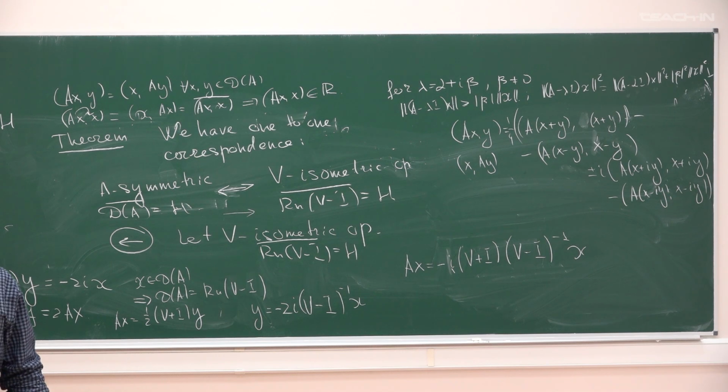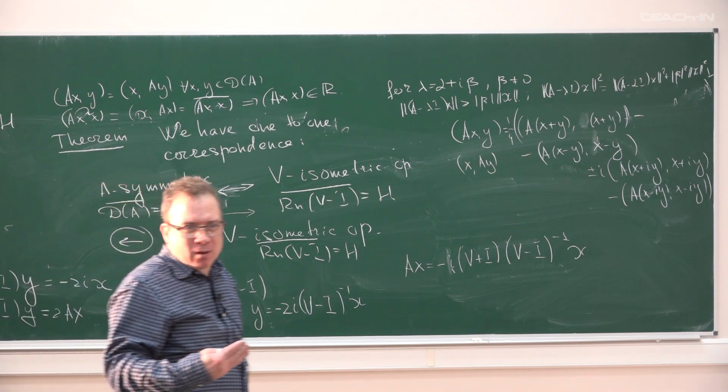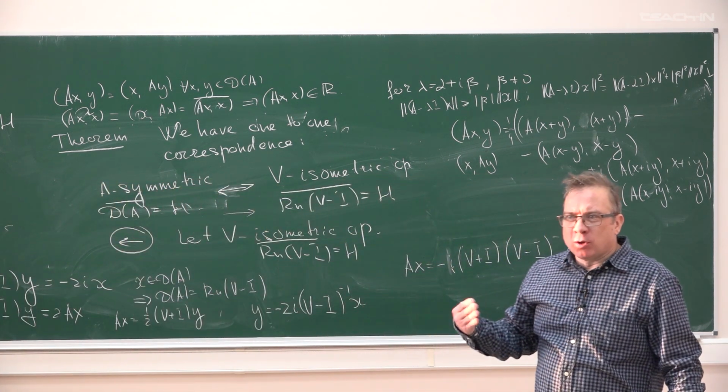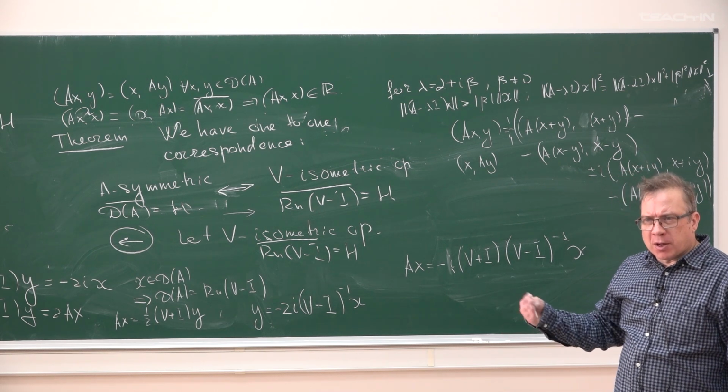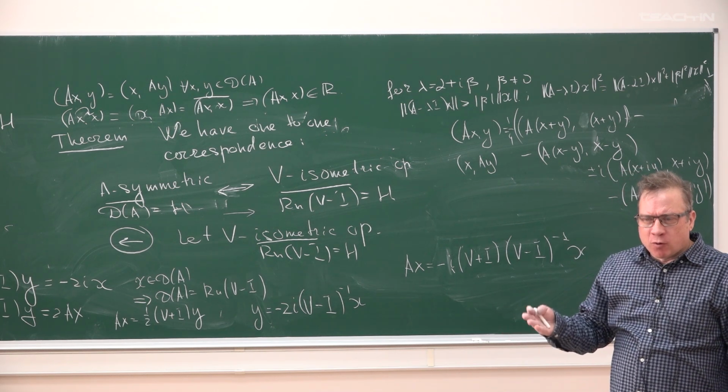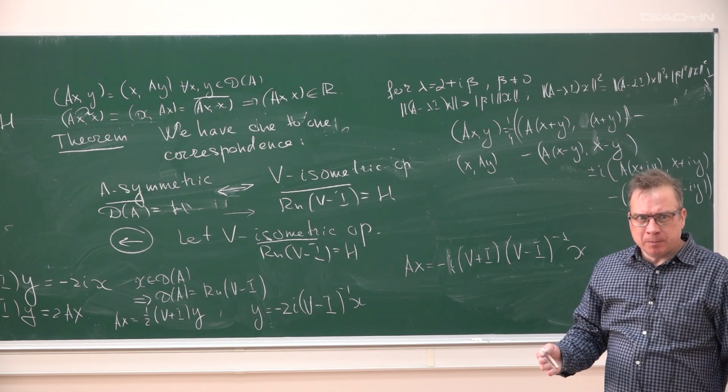Of course, we work in a complex space, because in a real space, showing that the quadratic form is real makes no sense, because for any operator it is real. So the statement is valid only for complex space. If an operator has a real quadratic form, then it is symmetric, if and only if.